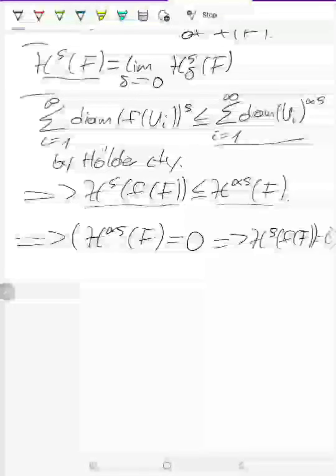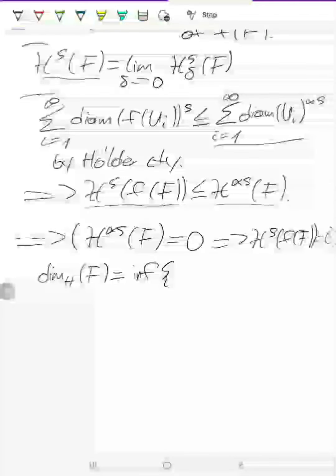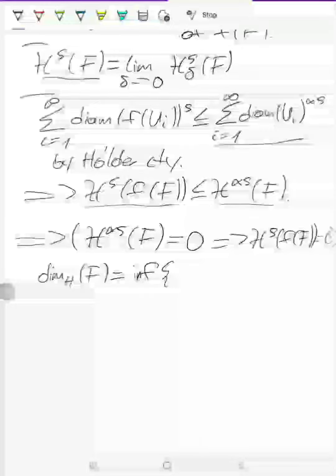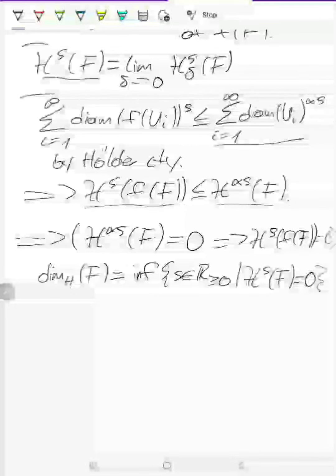And now let's have a look at the dimension again. So the Hausdorff dimension of f was the infimum over the non-negative real numbers s such that h^s of f is equal to 0.